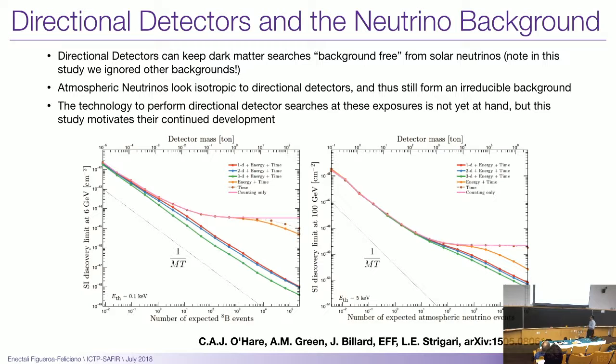So in that particular case, when you have a directional detector, you always go down as MT. Actually, that should be, yeah, MT, because you're killing your background.